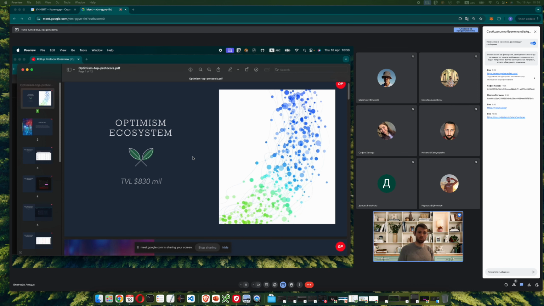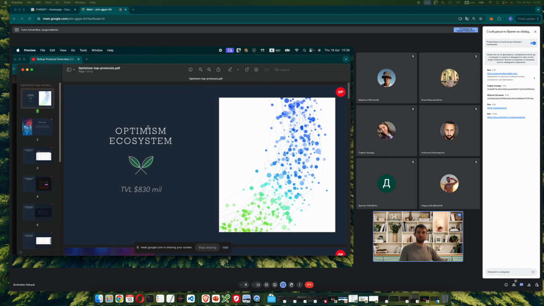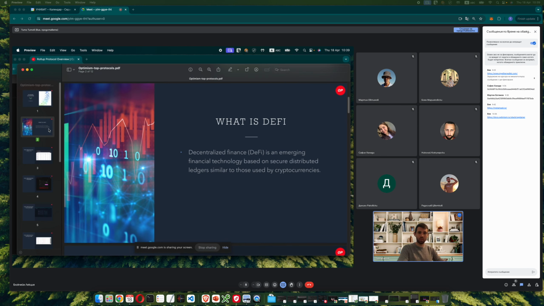The most used protocols, the more liquid protocols, and some interesting facts and applications that you can try yourself after the course. So at the moment, the Optimism ecosystem is one of the biggest in terms of total value locked. It is like 830 million at the moment locked on Optimism, which makes it one of the best layer 2 solutions.